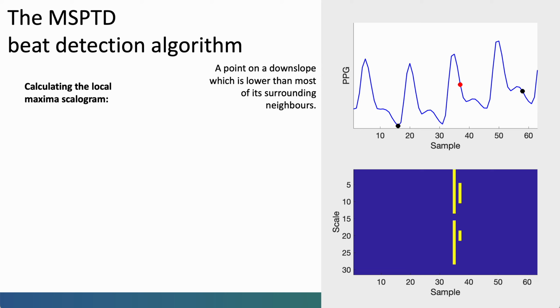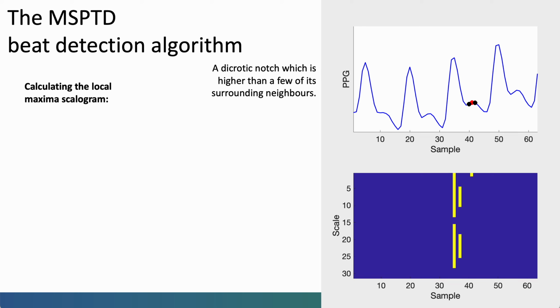So there's only that second brief period of yellow on the scaleogram. And then thirdly, if we now look at a diastolic peak, this is briefly higher than its neighbours, but then for the remainder is lower. So again, it only has a short yellow period on the scaleogram.